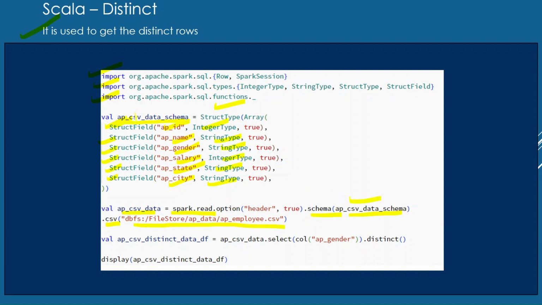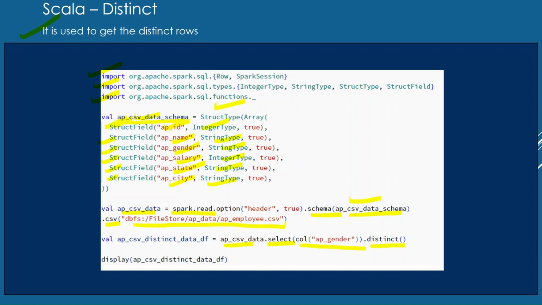Once this data frame gets created, I am calling the select function over this data frame and selecting the column AP gender, and I am putting the distinct function.